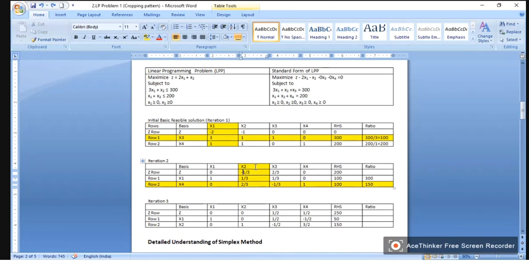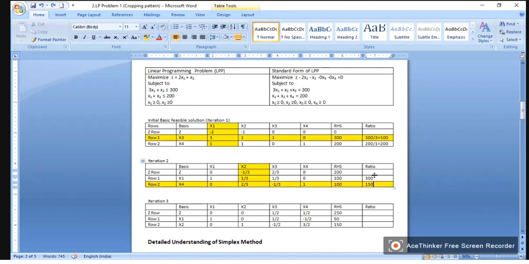So as usual we have to take the pivotal column like this. We have to identify the elements like this. We have to take the ratios like this. So here this is 100 divided by 1 by 3, 300. This is 100 divided by 2 by 3, 150.